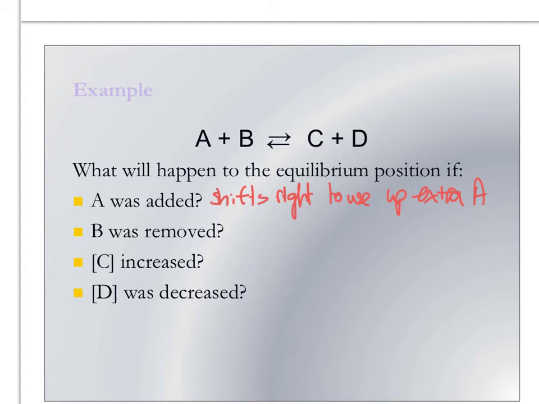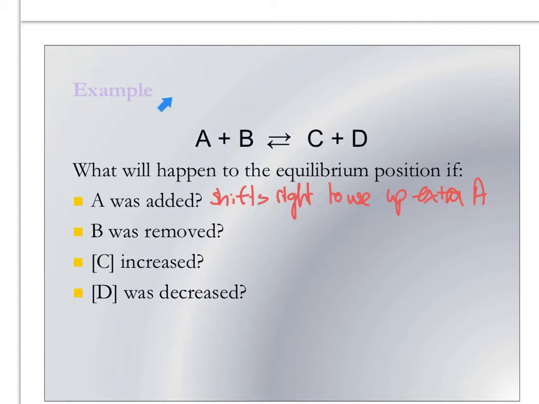Okay, what if I remove some B? So if I'm at equilibrium, the ratio is great, and then I take away some B. Well, now you don't have as much B. What do you do? You go in the direction that would make more B to make up for whatever you lost, right? So what direction would make more B? Left.